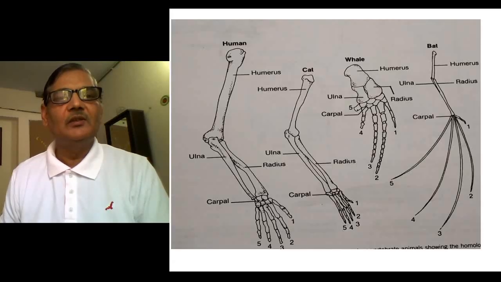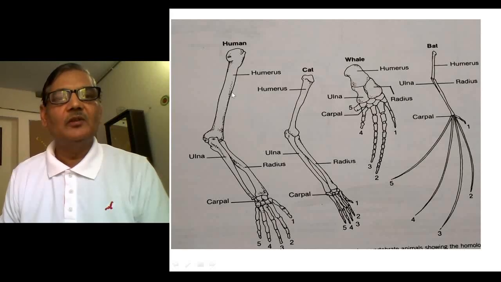See here in this diagram, the forelimbs of different mammals are shown: this one is the forelimb of a human, this is of a cat, this one is of a whale, and this one is of a bat. Only the internal skeleton is shown in this diagram.